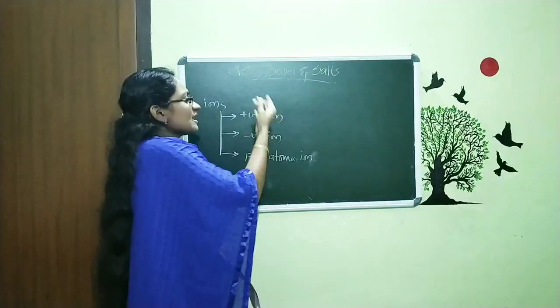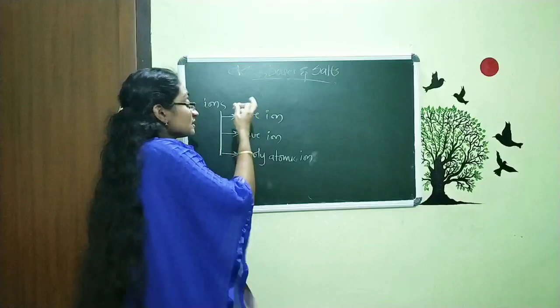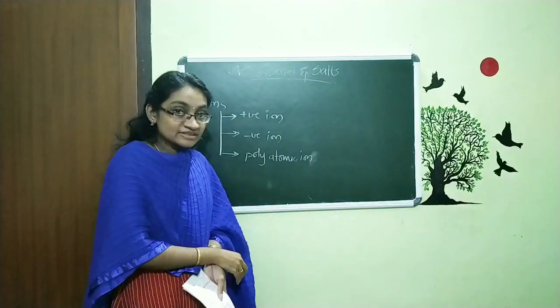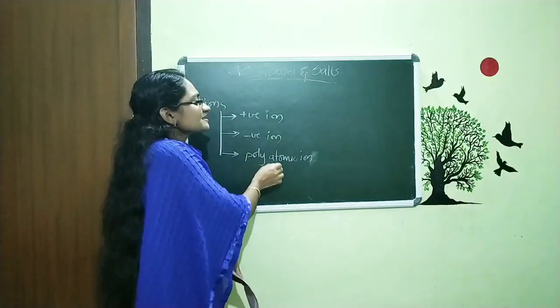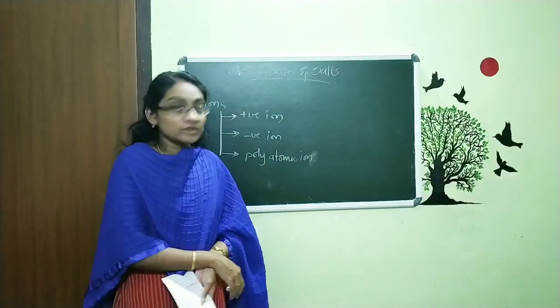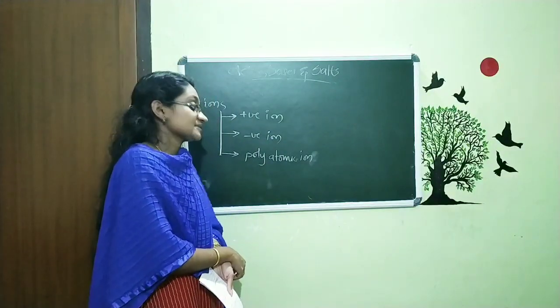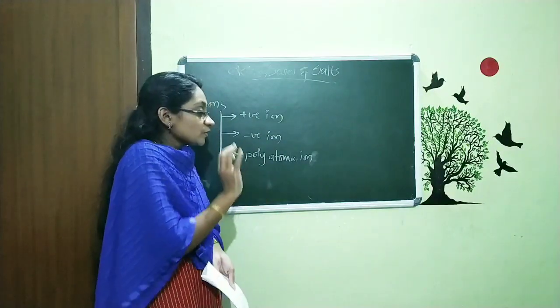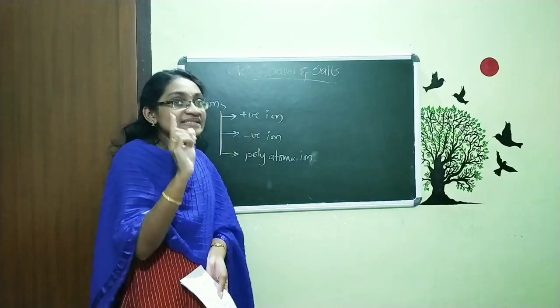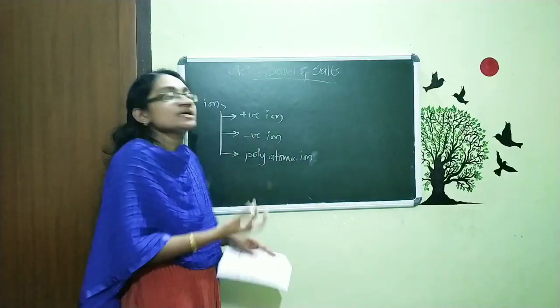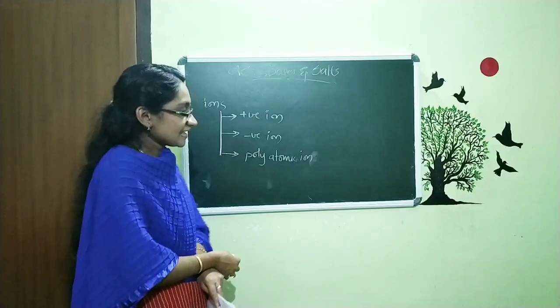Positive ion means the ion having positive charge. The negative ion means the ion having negative charge. And what is this polyatomic ion? A polyatomic ion is an ion having a single charge with more than one atom. I will show you the example later.